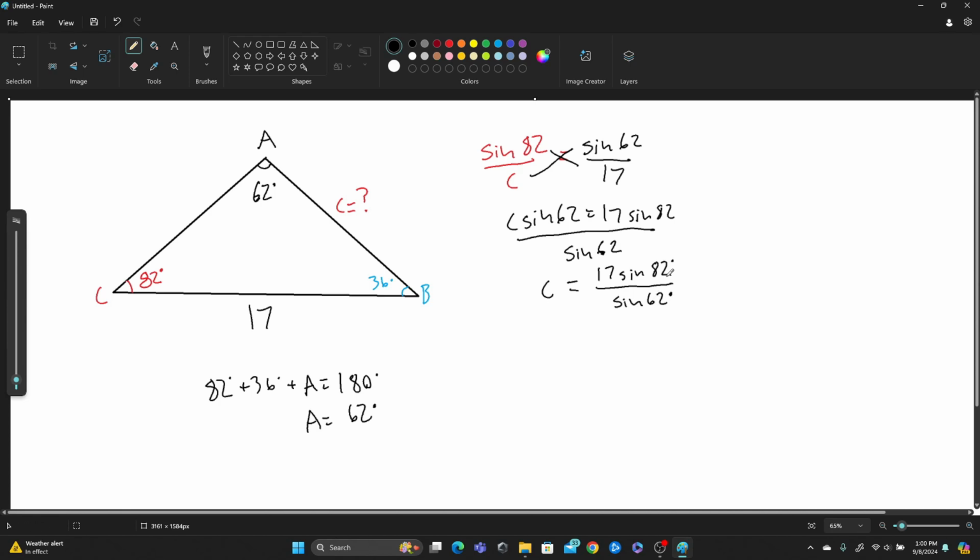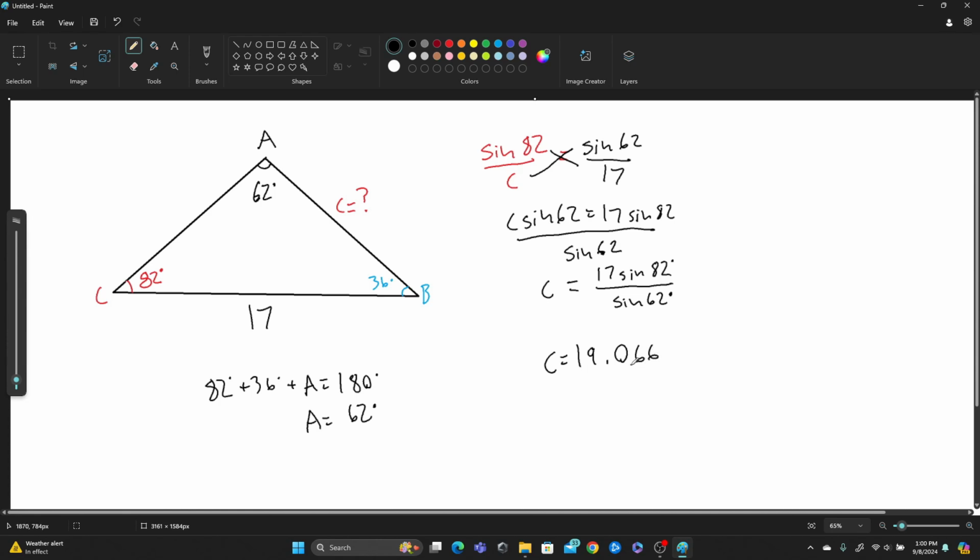And now we can plug this all into our calculator, and 17 times sine of 82 degrees divided by sine of 62 degrees is equal to 19.066.